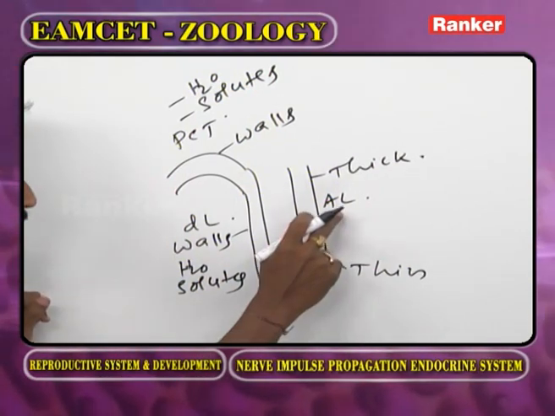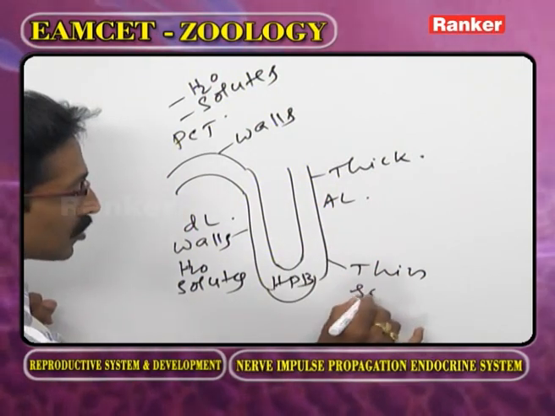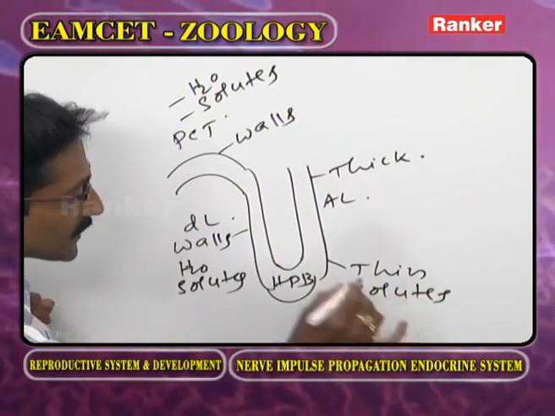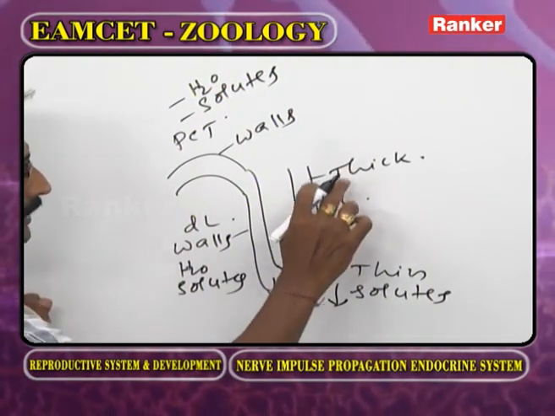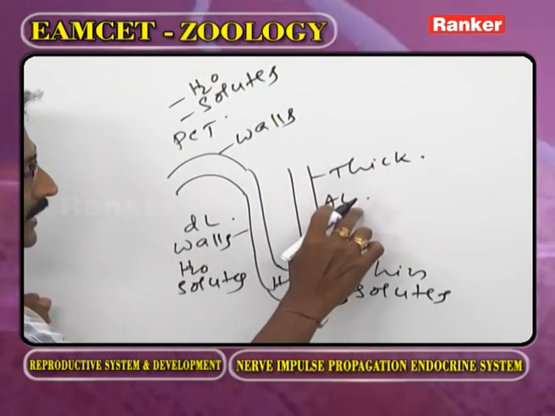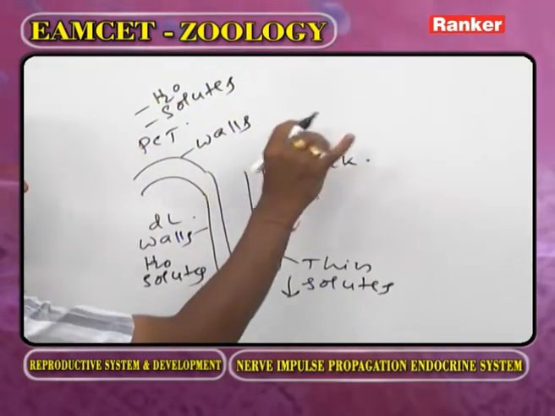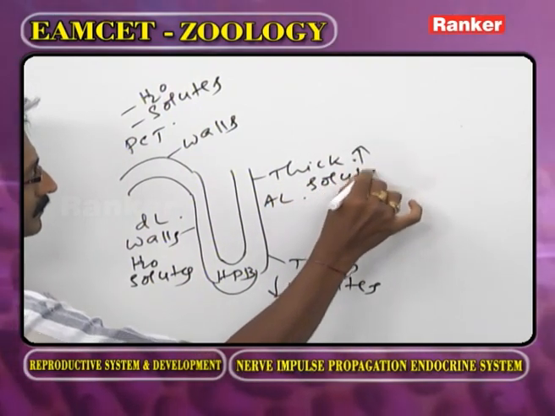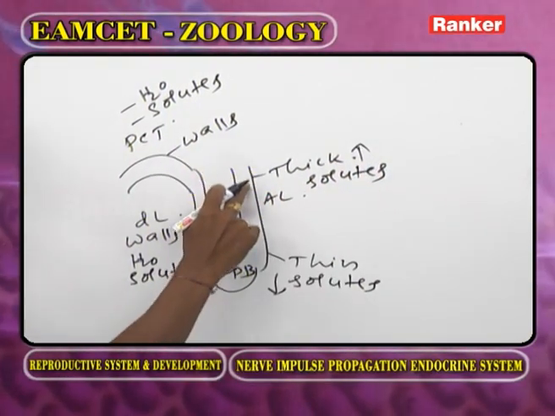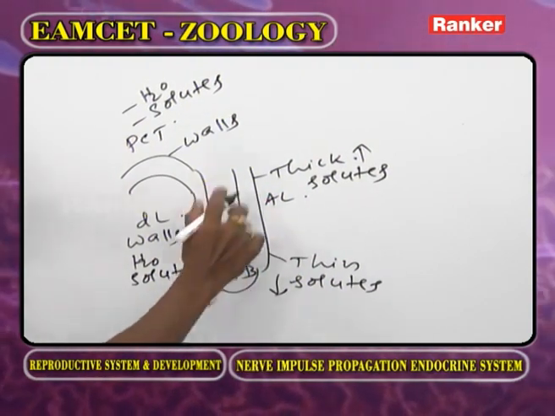Now the thin part of the ascending limb is less permeable to solutes, less, indicated by the arrow mark. The thick segment of the ascending limb is permeable to more solutes. The entire ascending limb is impermeable to water.